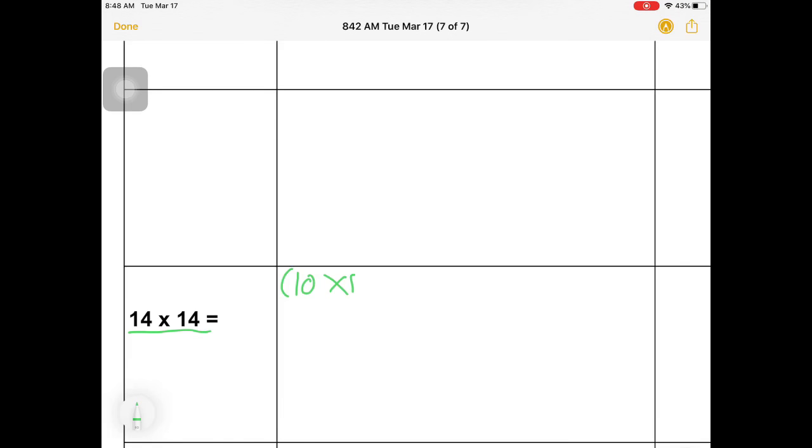So let's do our 10 times 10. We're going to add some more equations to that, but I like my big 10 times 10 square here. So here's my 10 times 10 square, and we know that that's 100. And then I'm going to add my next to it, which is my 4 times 10, and my 4 times 10, which we said was a 40.